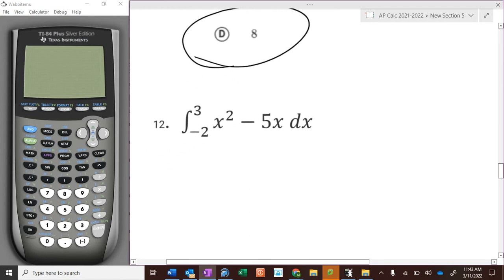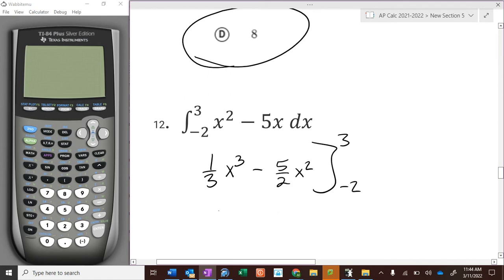Okay. This one, not super difficult. You could do this on your graphing calculator, or you could take the integral. Can't plug in yet. We got to take the integral first. 1/3 x cubed minus 5/2 x squared, and then you plug in the numbers.